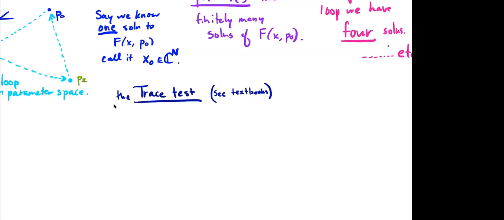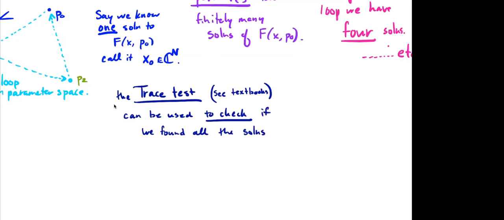And really, I need witness sets to talk about this. So for now, we'll just say the trace test can be used to check if we found all the solutions.